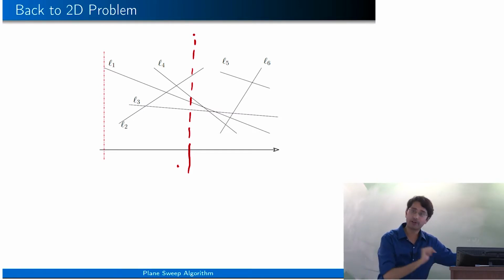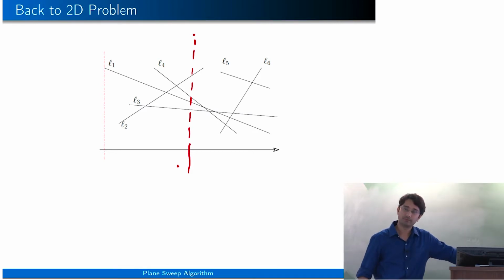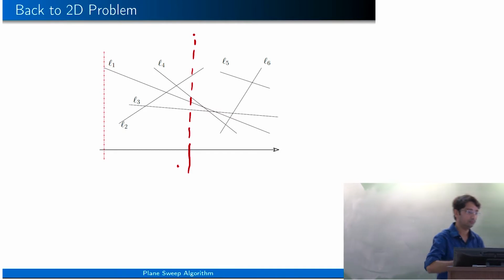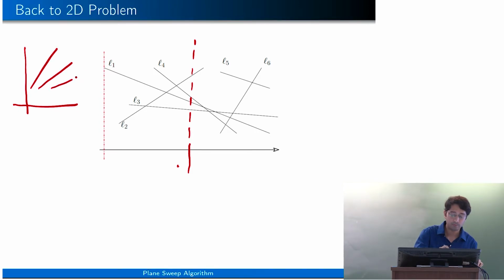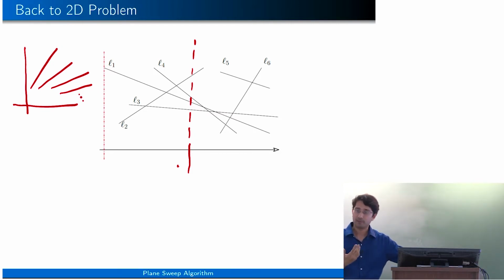But there is a problem if I do that. What is the problem? First, I will check intersection with the line before it, one line, then the third will be checked against two lines, then three lines.